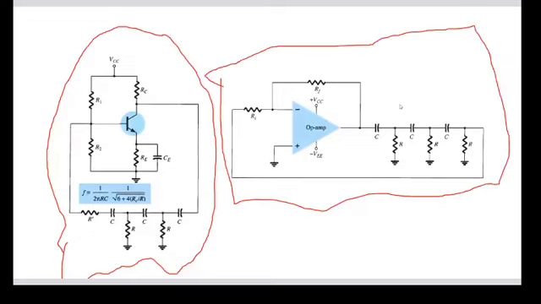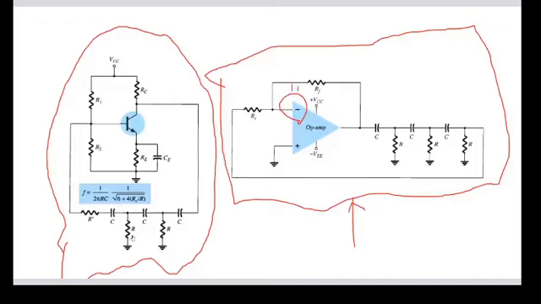First, I will tell what the op amp will do. Here you can see the input is given to the negative input of the op amp, so it will introduce a phase shift of 180 degrees.